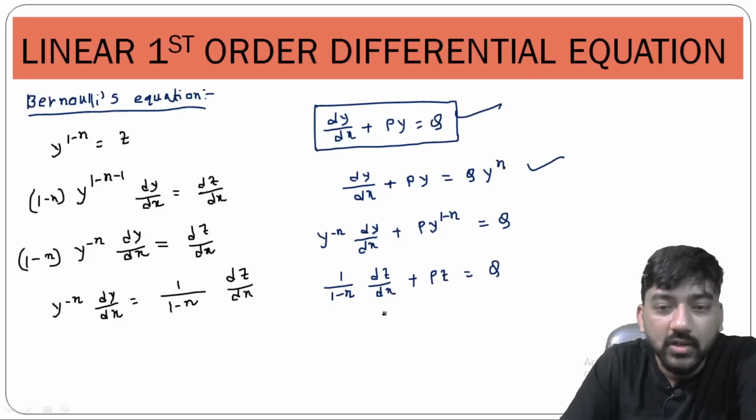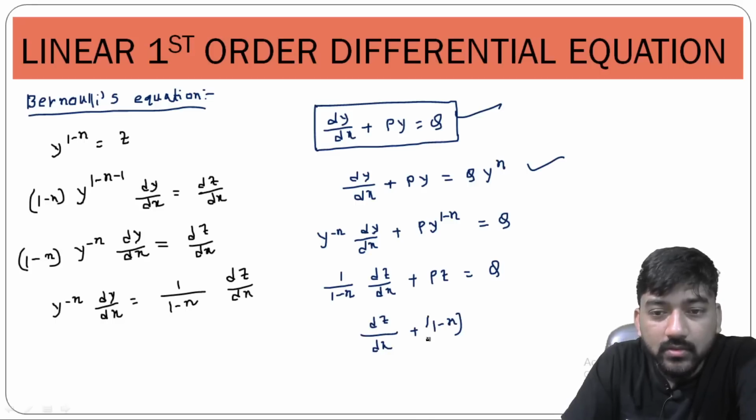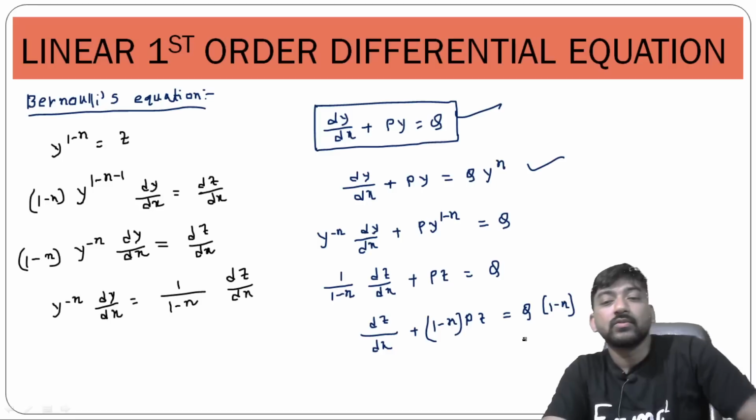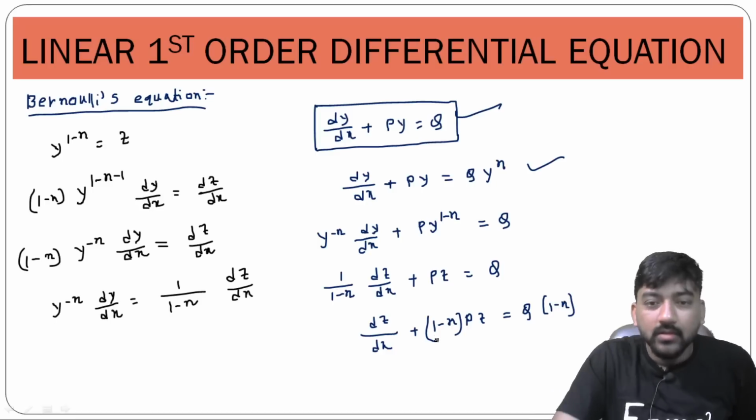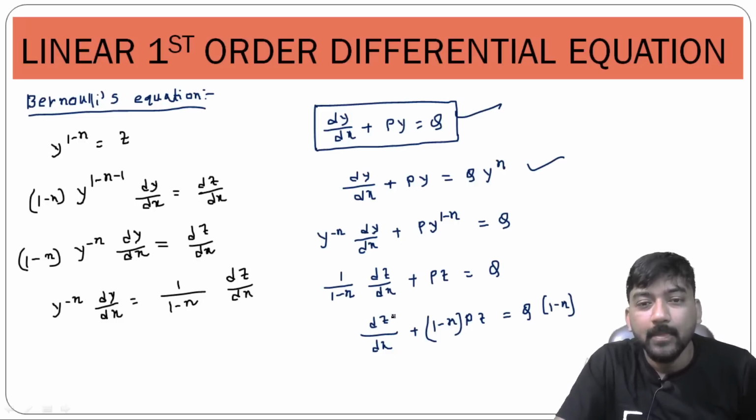Now if you rearrange this equation, you will get dz upon dx plus 1 minus n into pz equal to q into 1 minus n. So now we have the Leibniz form of this equation, and this is the differential equation of z. Instead of y, it is now converted into z.